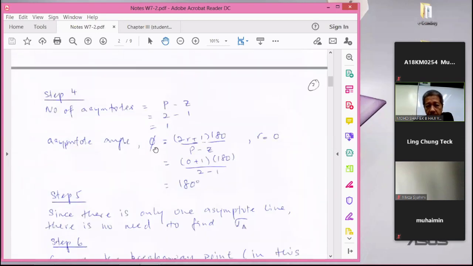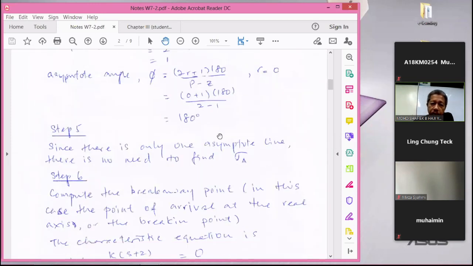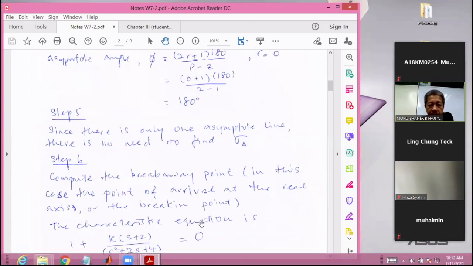So you determine that the number of asymptotes is 1 and the angle is 180. There's no need for you to compute the intersection of the asymptote with the real axis. It is located on the real axis, going to the left all the way to infinity because the angle is 180. So that is step 5.